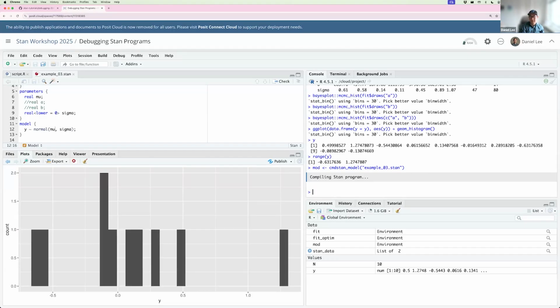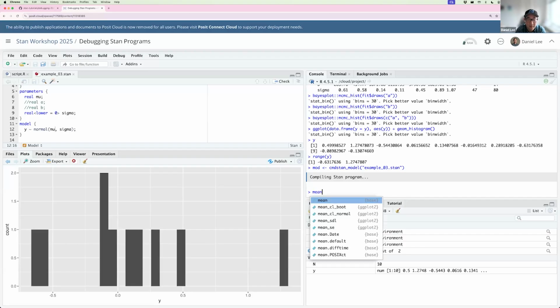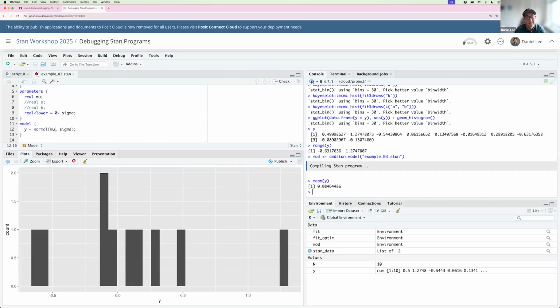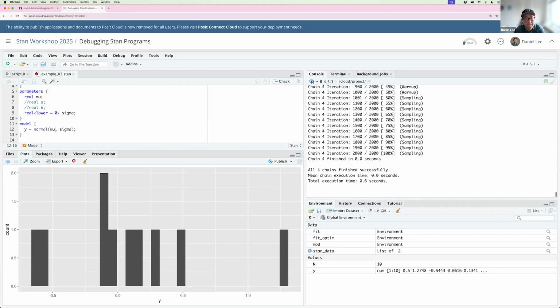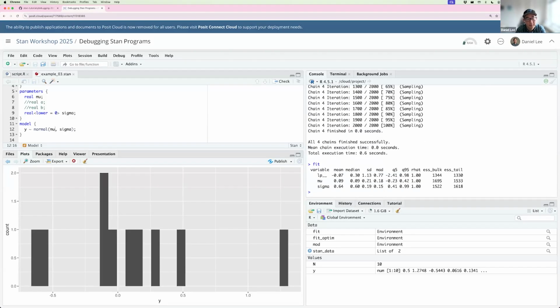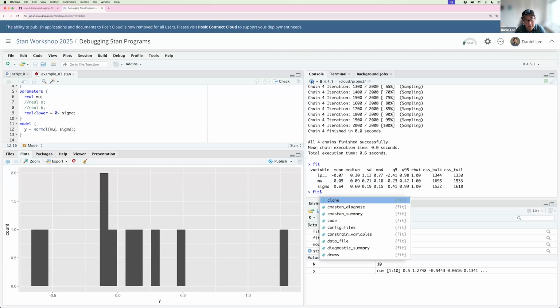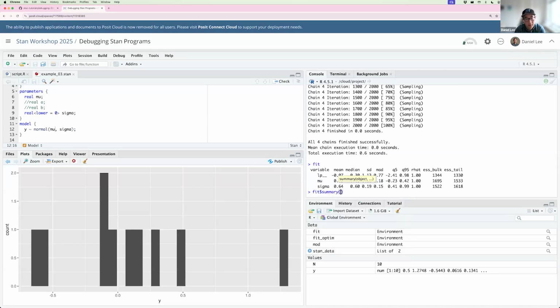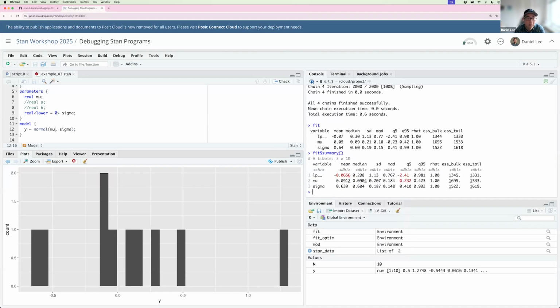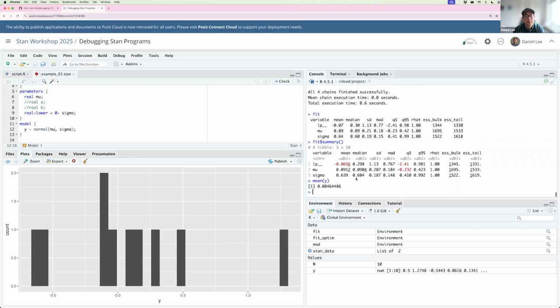We should get a mean of whatever the mean of y is. It should be close to that for my example. Okay, so that's what I got.